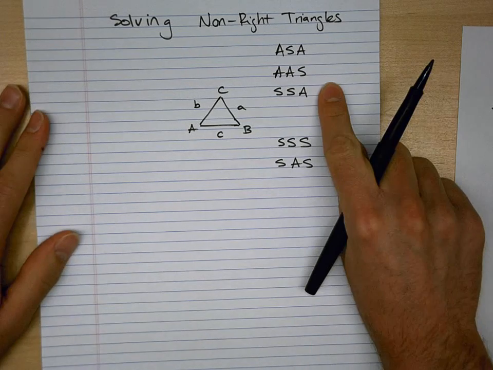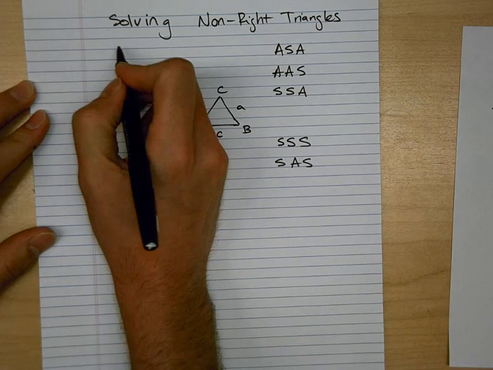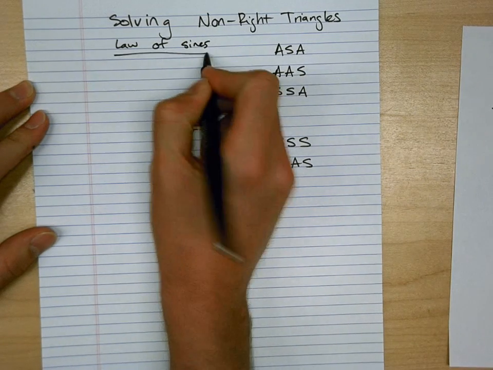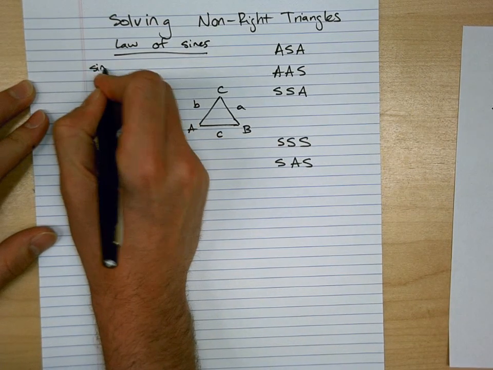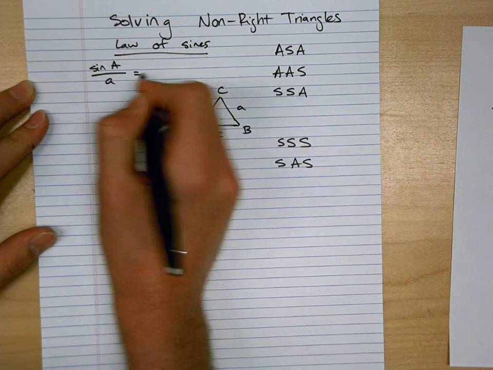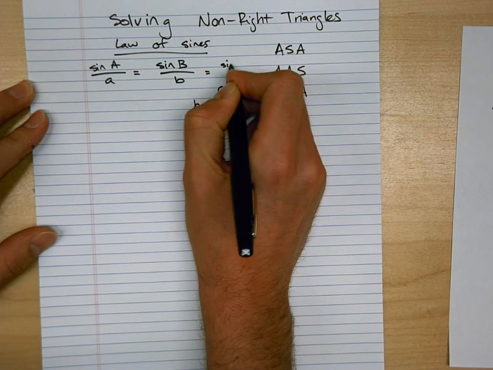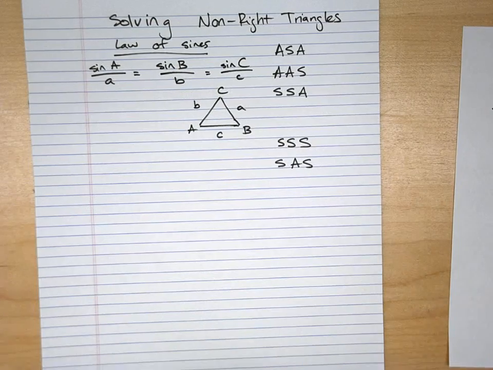Now, for these 3 cases above here, we use what's called the law of sines to solve them. The law of sines says that sine of A over a is equal to sine of B over b is equal to sine of C over c.